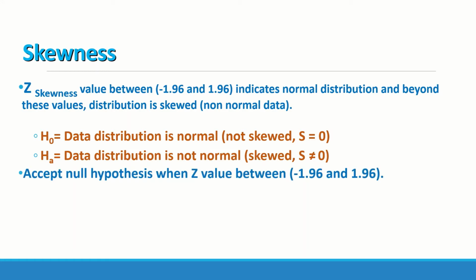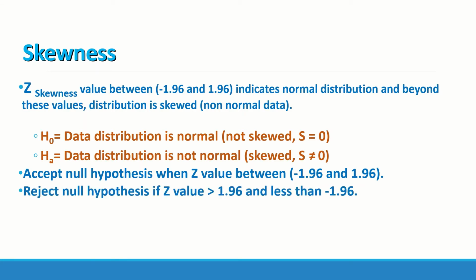So we accept the null hypothesis when the Z value is between minus 1.96 and positive 1.96, and reject the null hypothesis if the Z value is beyond those numbers, minus 1.96 or plus 1.96.